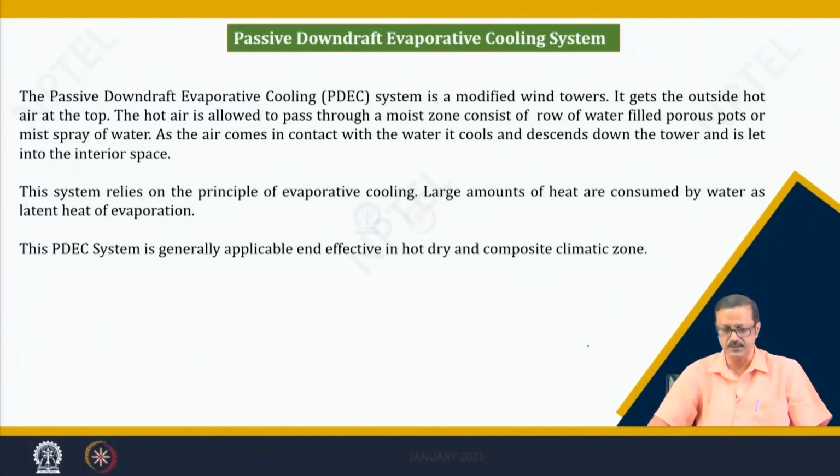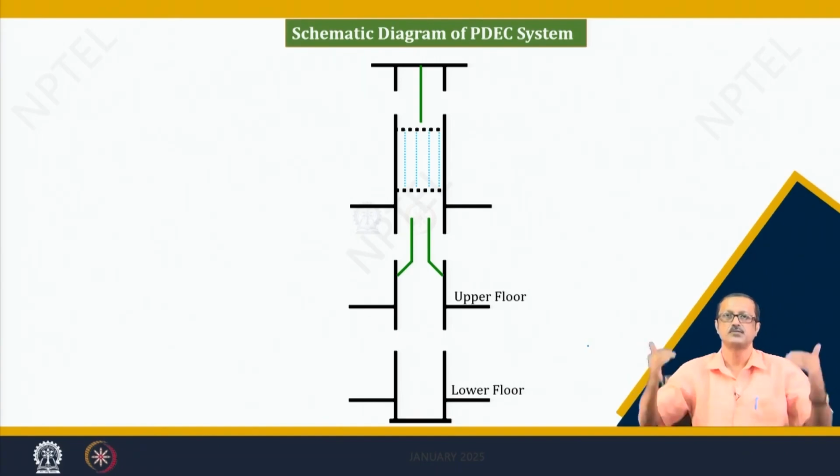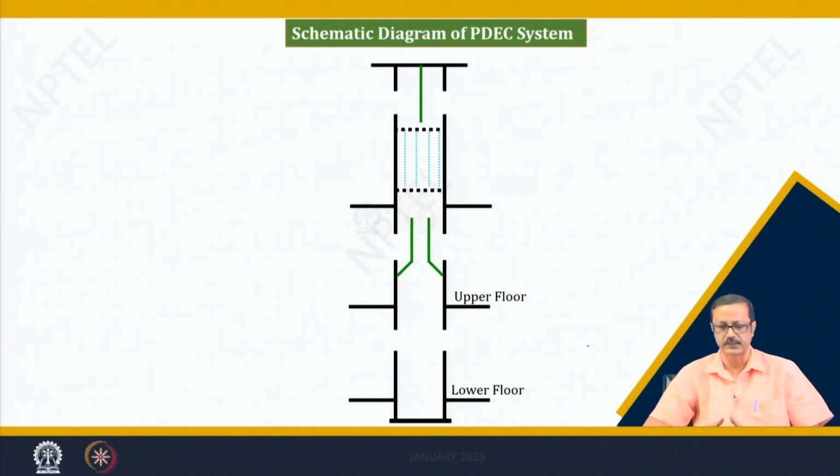The system is something like a cooling tower, and it is also called a PDEC, passive downdraft, because it is a downdraft from top to bottom. I will take the air in, and I have to cool it.